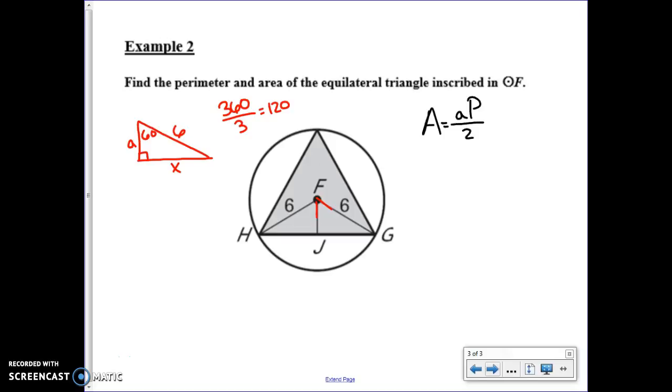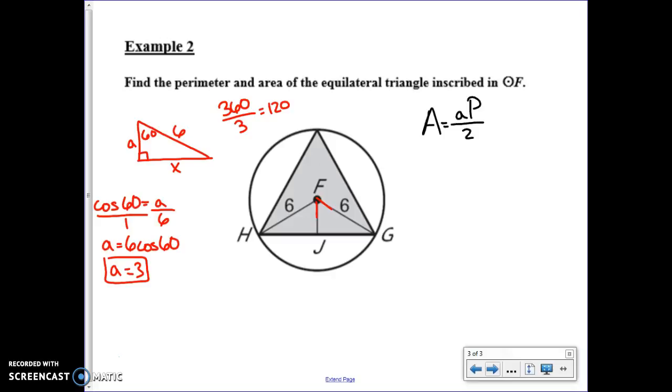So let's find the apothem first. Apothem is adjacent, and we have the hypotenuse. So again, we're going to use cosine of our degree measure is equal to adjacent over hypotenuse. Cross multiply, so A is equal to 6 cosine of 60. And 6 cosine of 60 is just 3. So your apothem is 3. You're going to do the same thing to find the side length.